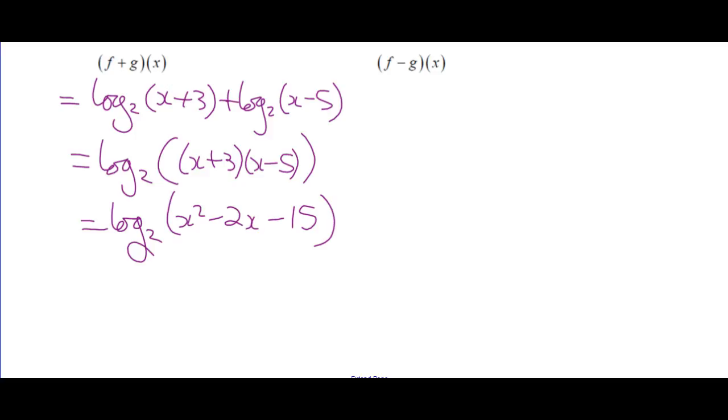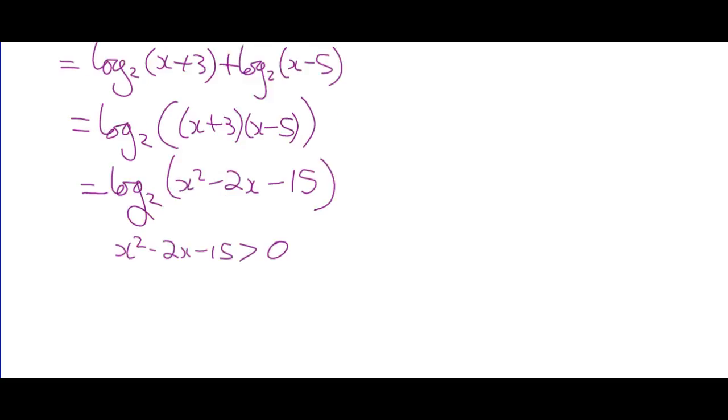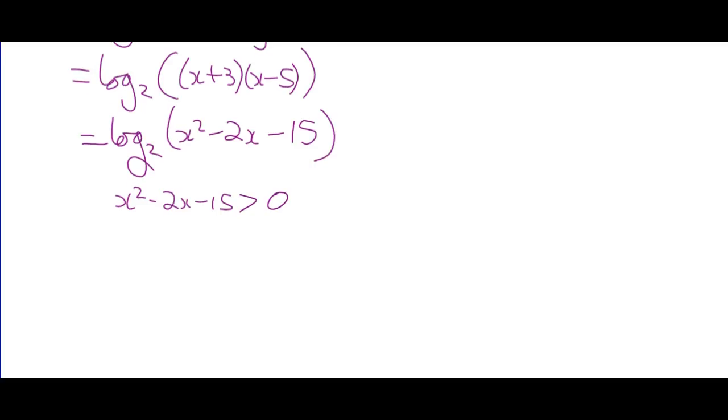Okay, anyways, what are we supposed to do with this? What do we know then? Domain. So what is it about x squared minus 2x minus 15? It has to be greater than 0. When is it greater than 0? I mean, luckily we've got the factored form, right?